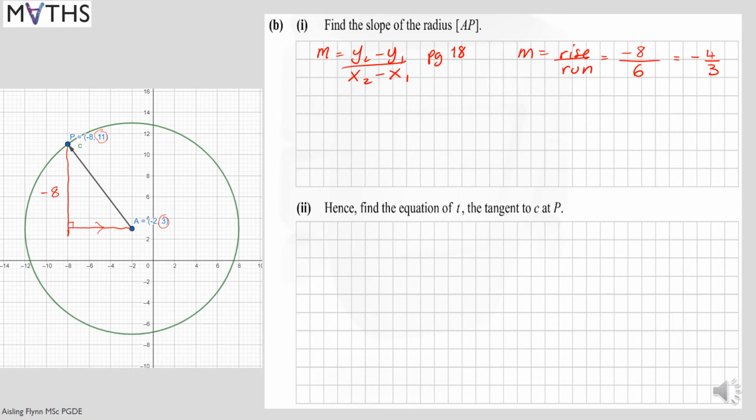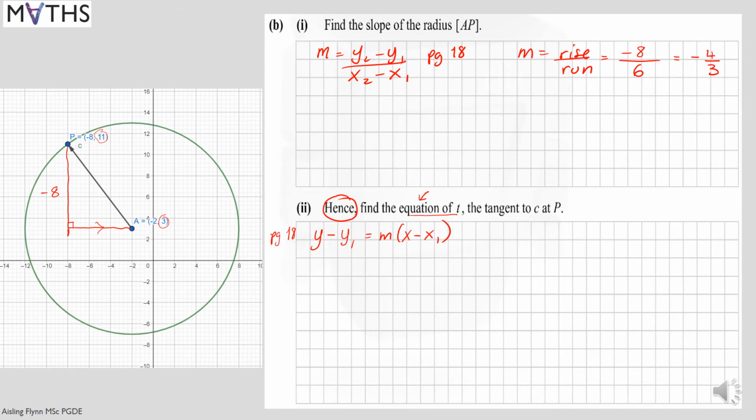Now, part 2, hence. This word means use what you've just done or just seen. Find the equation of T, the tangent to C at P. The word equation is used, so we're looking for the equation of a line. A tangent is a line after all, and from page 18 you'll get the equation of a line formula, which is y minus y1 equals m times x minus x1.